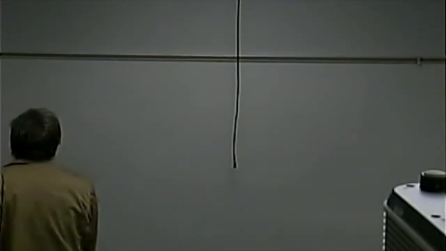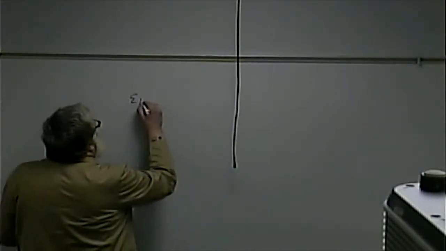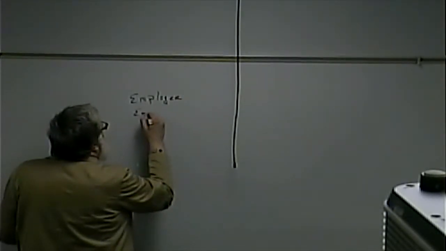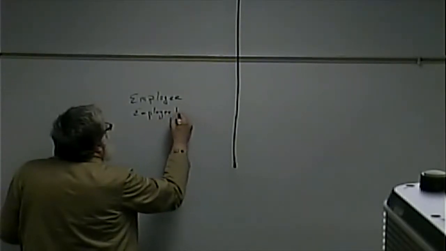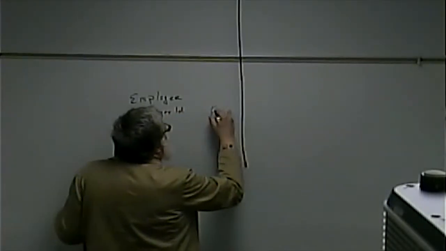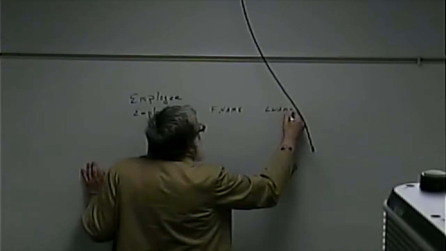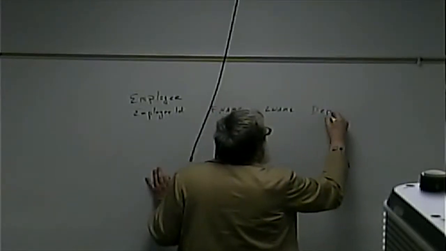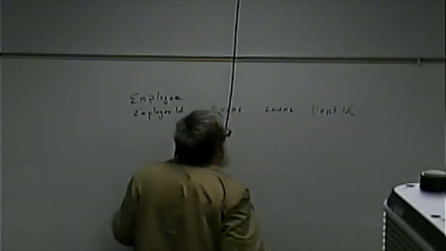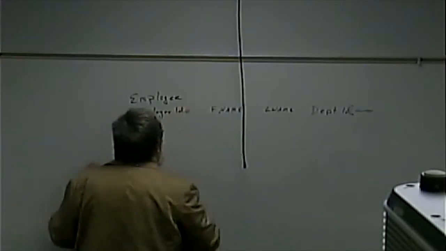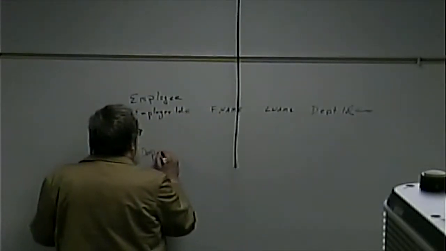So, if we had tables that look like this: employee, and in it we had an employee ID, first name, last name, and department ID, primary key, foreign key, and our department table looked like this.